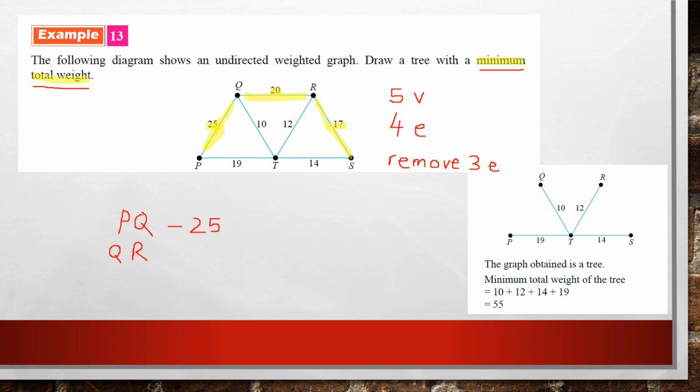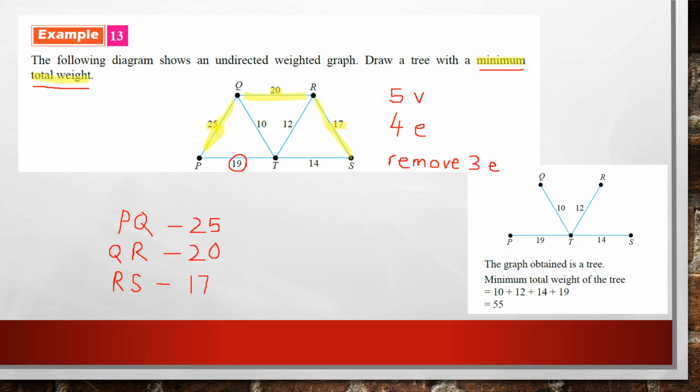Next we remove QR, the second greatest. 19 we cannot remove now, because when we remove 19 there's no edge that will connect vertex P. So we have to remove the next edge that has the greatest weight, that is RS, so remove 17.